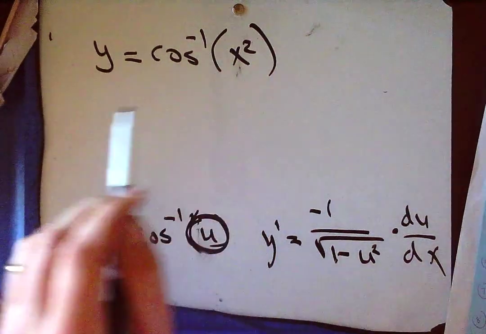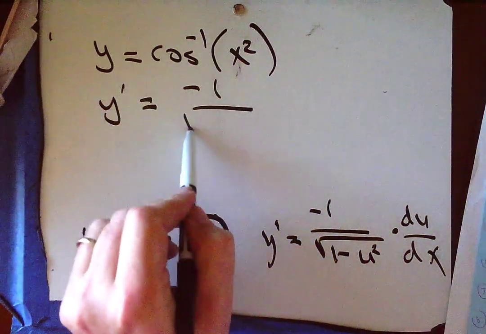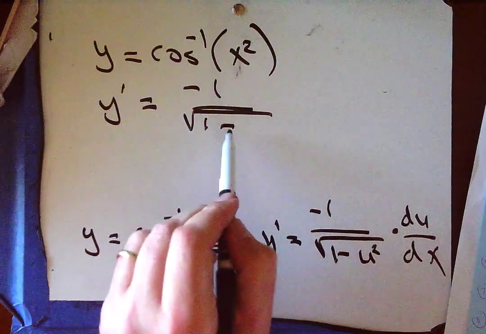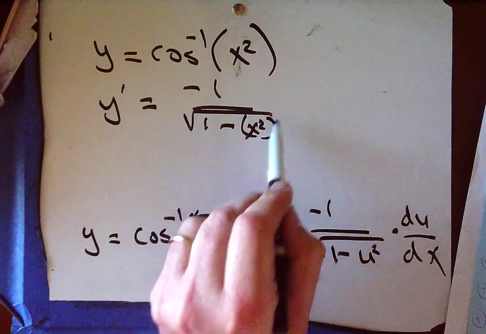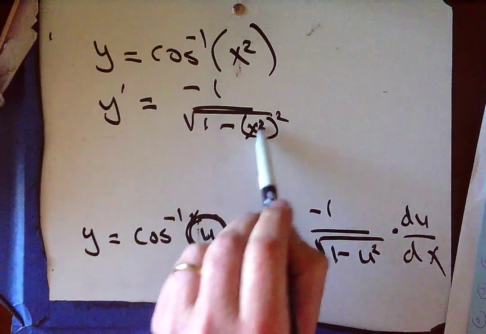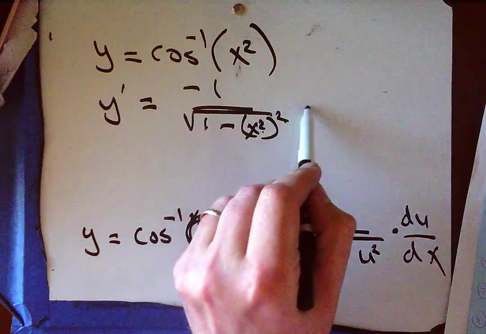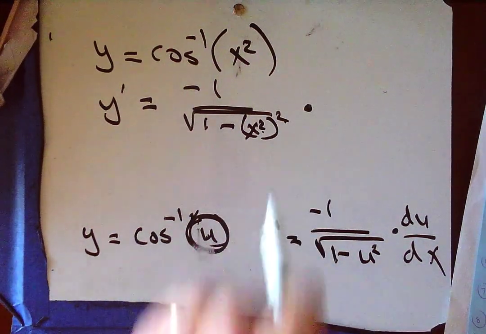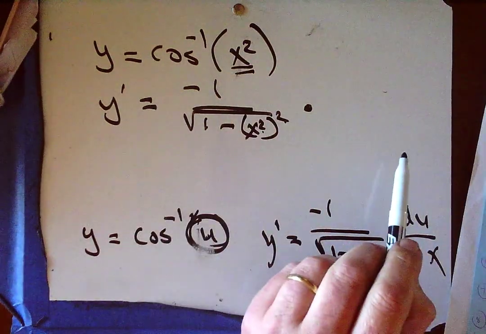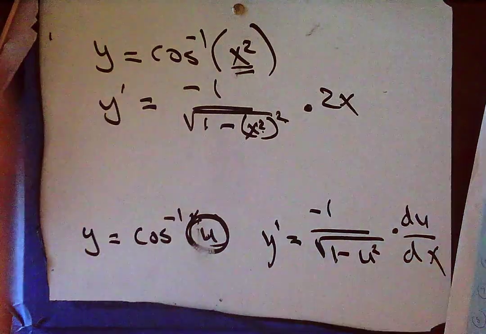So let's apply that here. You should get y prime equals negative 1 over square root of 1 minus this stuff squared. Many people, including myself, have occasionally left that squaring off. Then times du dx, the derivative of the inside thing, and so I end up with a 2x here.